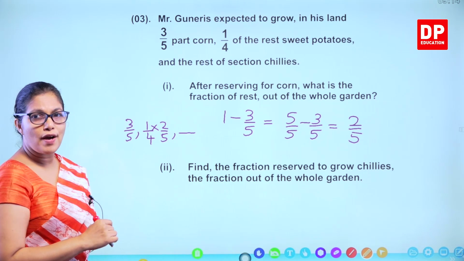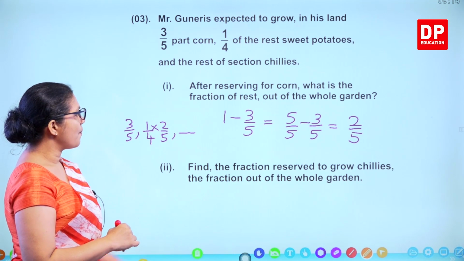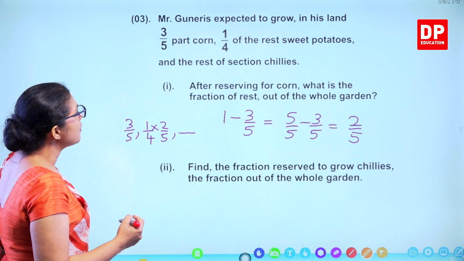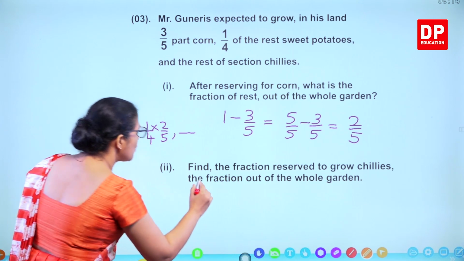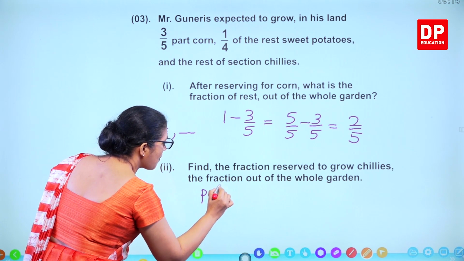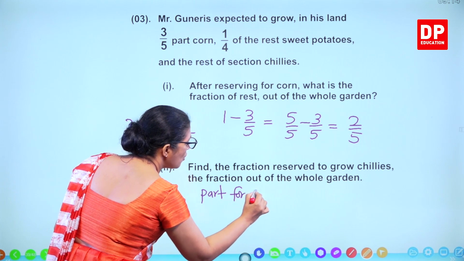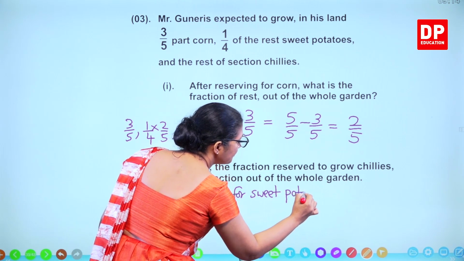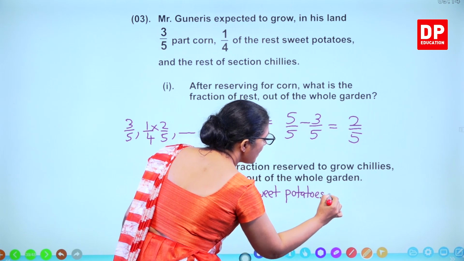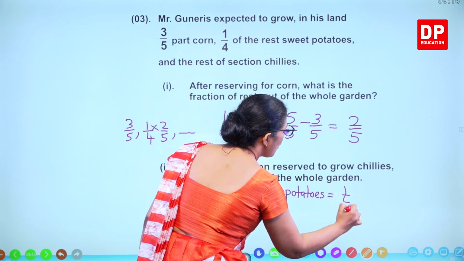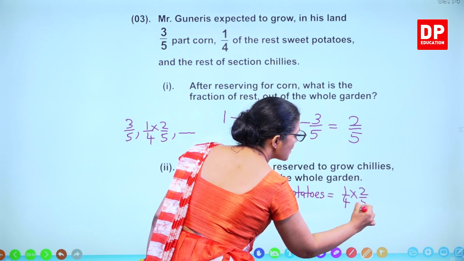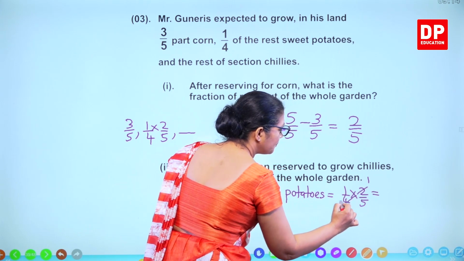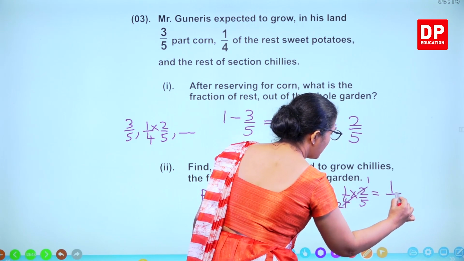So you need to find this part now. First we'll find the part for sweet potatoes. That's 1/4 of the rest, 2/5. So you get 1/10.